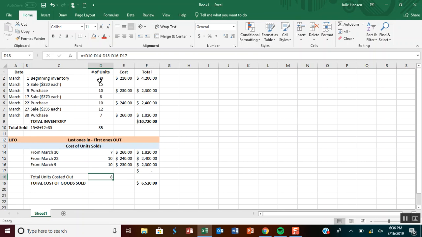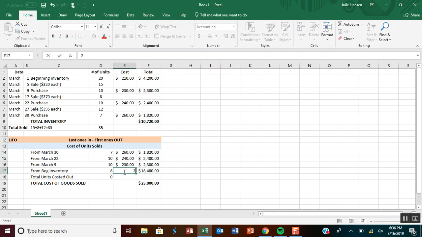So I'm going to have to go to the beginning inventory and take 8 of those, right? So this is from my beginning inventory, and I'm going to take 8 of those. So now I've costed all of them out. That's why this is back to 0. And those were $210. Then the cost of goods sold is just the accumulation of all of those costs.